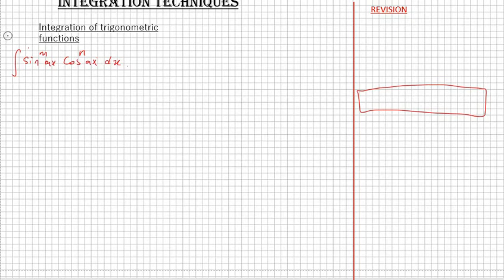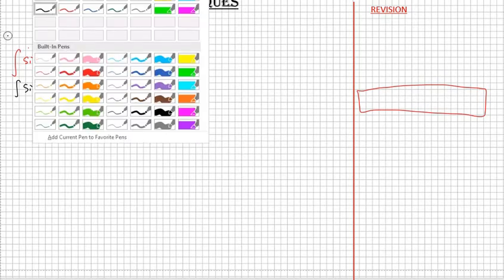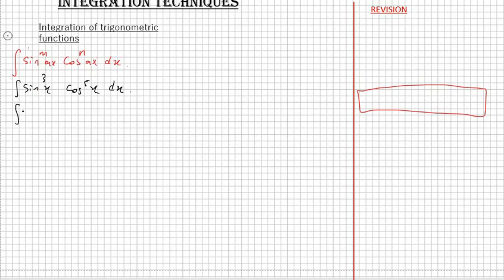For instance, they can ask you to integrate this function here. So you have sine 3x and cos 5x dx. All you need to do is write one function in terms of the product of separate functions. Here we have sine and cos, so you can either choose sine or cos, it doesn't matter.